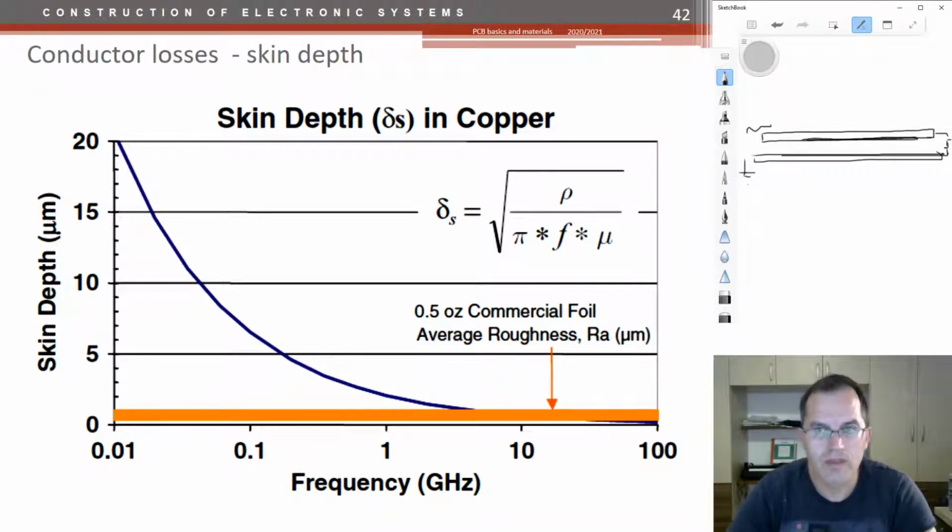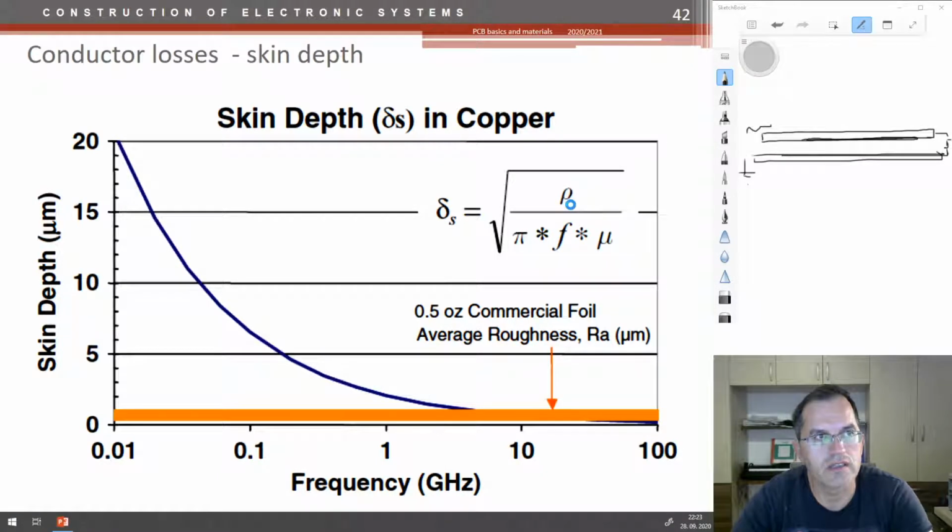Now, if you look at this equation here, you see that here you have the resistivity, here is the frequency and the permeability.